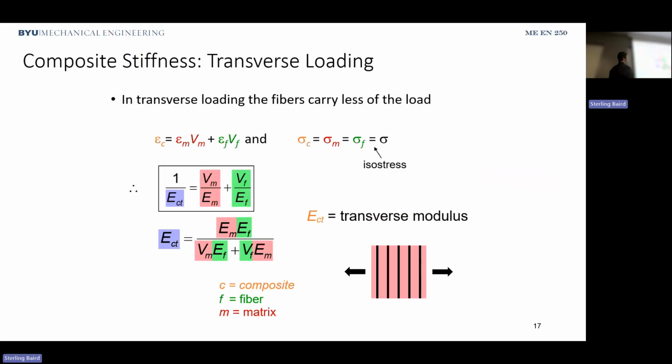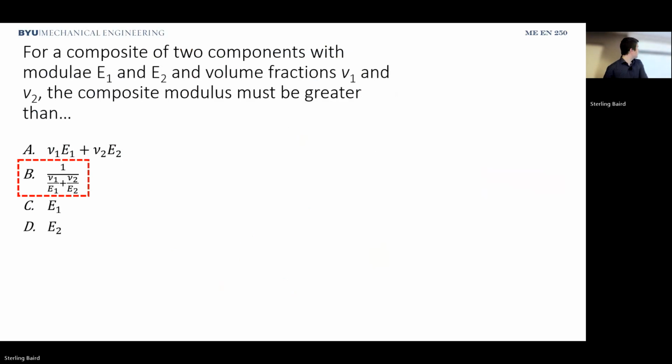It's actually simpler to look at the first of those two equations. We see that 1 over E sub CT equals nu 1 over E1 plus nu 2 over E2. So we just convert that.